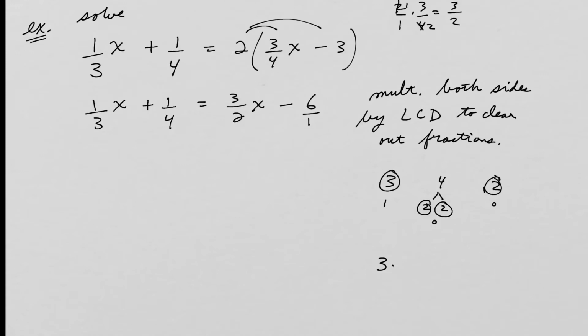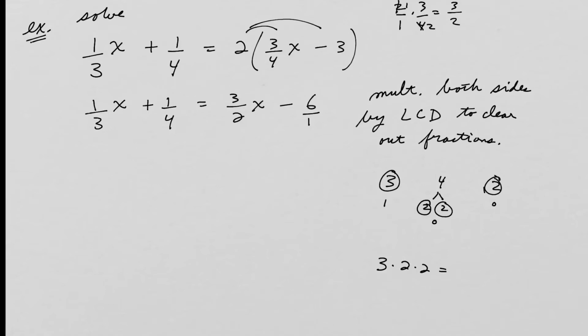Next, I look at the 2. It's the only other factor. In the first factorization, the 2 occurs 0 times, just 3, there's no 2 in there. In the second one, it occurs twice. In the third one, it occurs once. So what's the greatest number of times that 2 occurs in any of the factorizations? Twice. So I take the 2 twice.